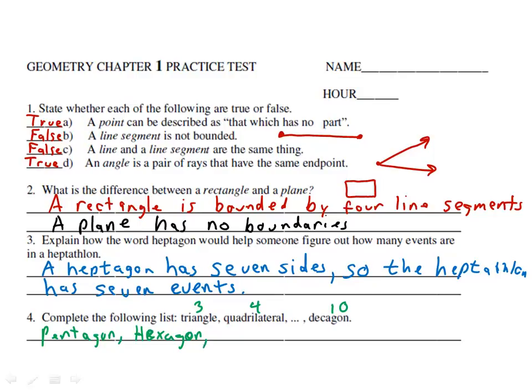And 7-sided. We have 2 different words for 7 sides. We talked about one of them up here. Heptagon. Also septagon. Eight-sided. Most of us know that's an octagon.